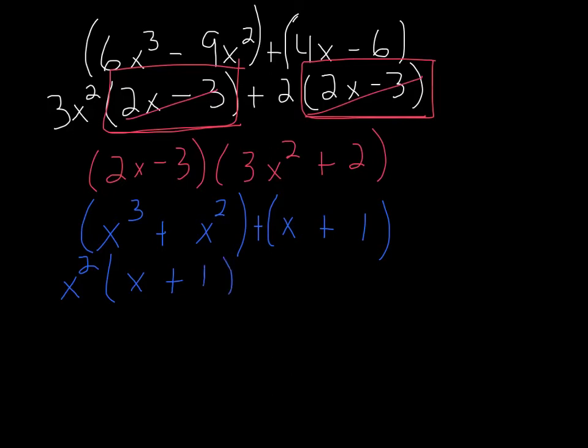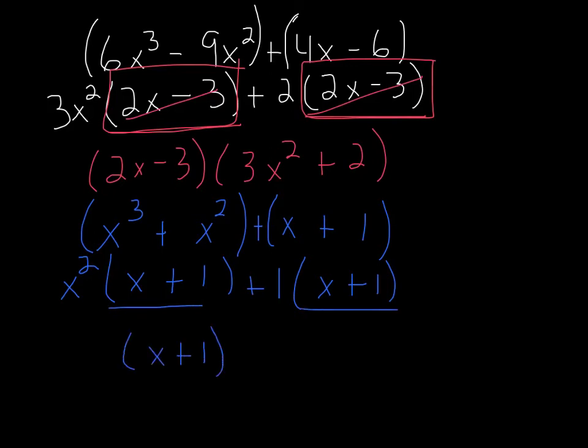Then you have plus, and there's nothing in common here, but we can multiply by a little 1, because 1 times that doesn't change anything. Now we pull out our common factor, which is x plus 1.